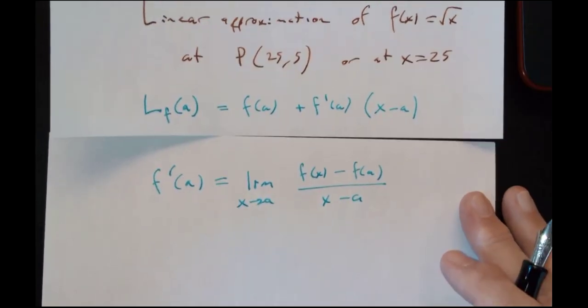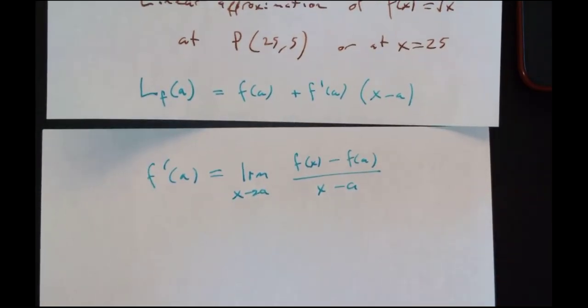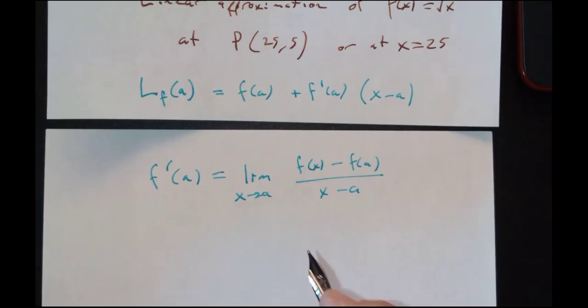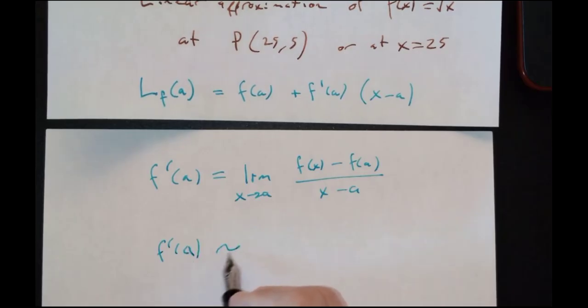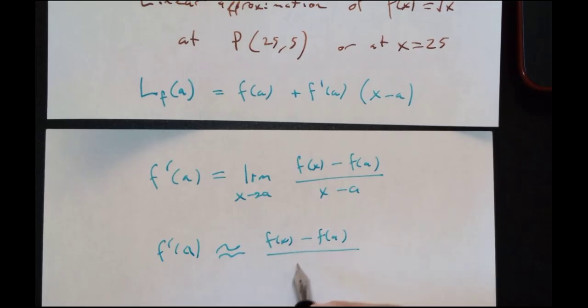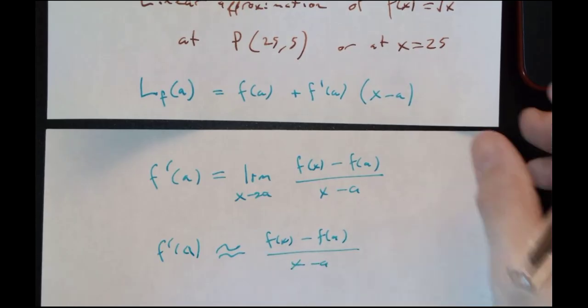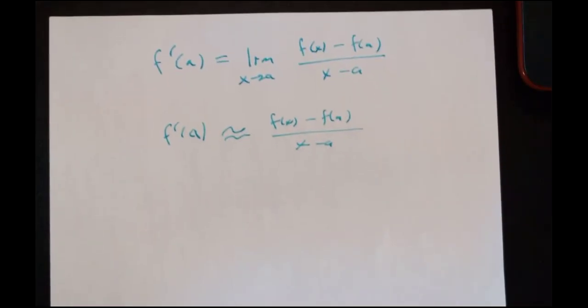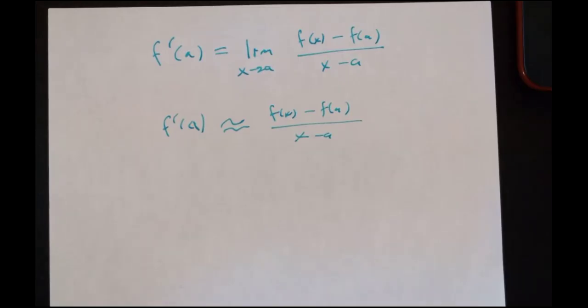That's my limit definition. Well, in that case, if I got rid of the limit itself, I would say that the derivative was roughly f of x minus f of A over x minus A. And this is where the approximate idea comes into play. I'm approximating without that limit there.